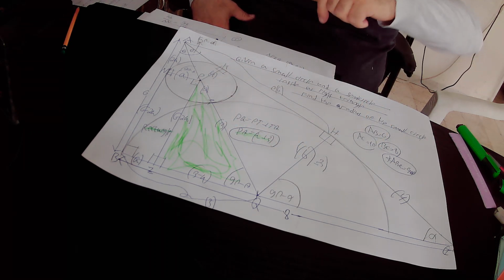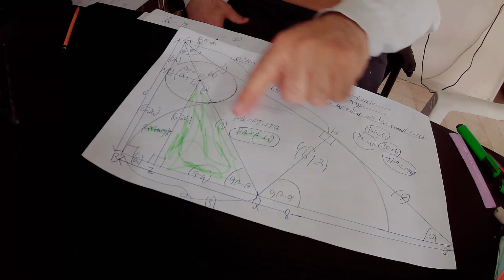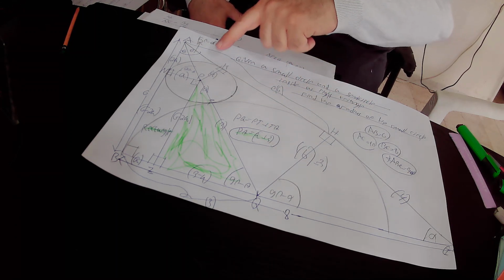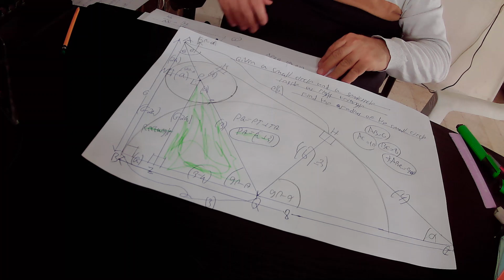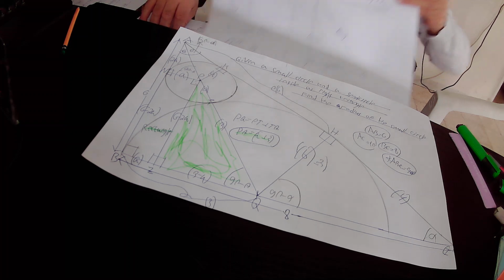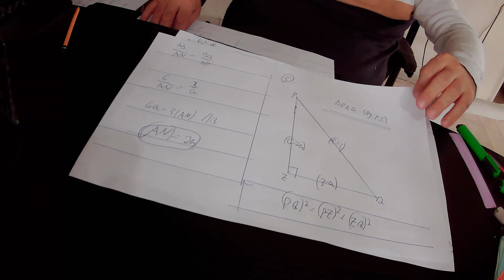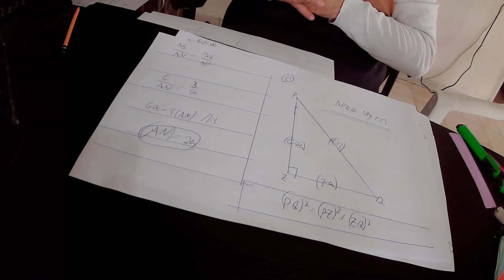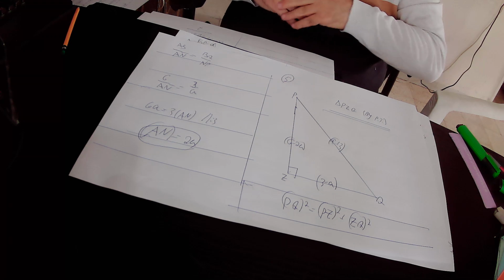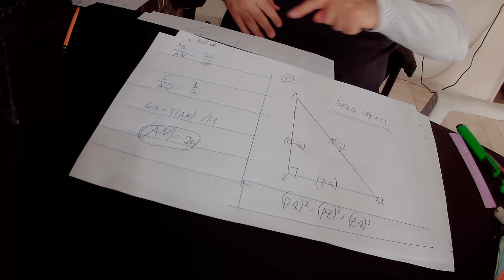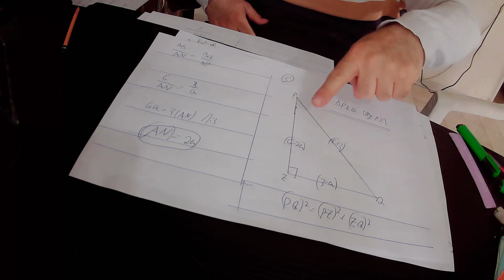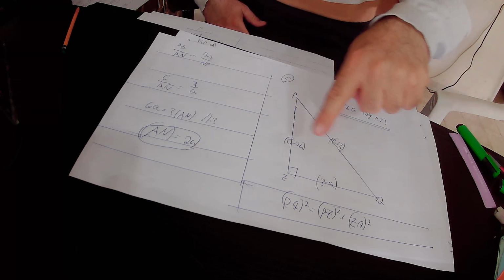In the next step, I copied this right green triangle from the original drawing and implemented the Pythagoras theorem. According to the Pythagoras theorem, in this right triangle PZQ, PQ square equals PZ square plus ZQ square.